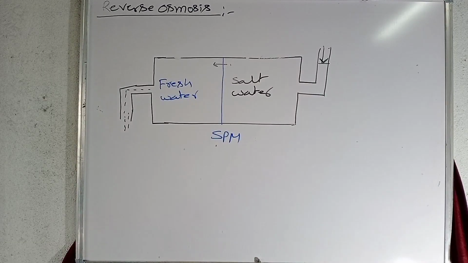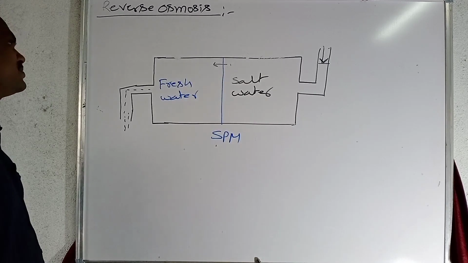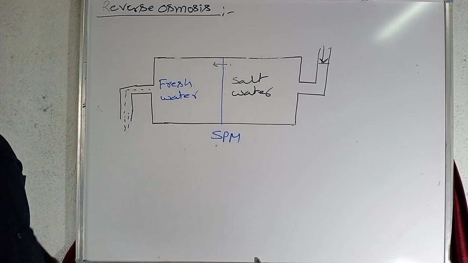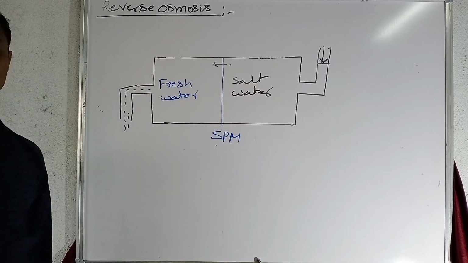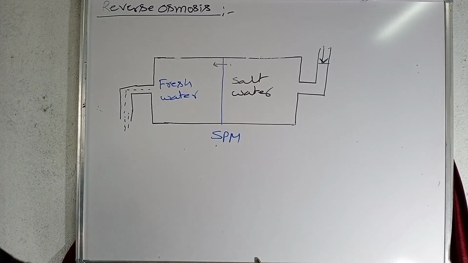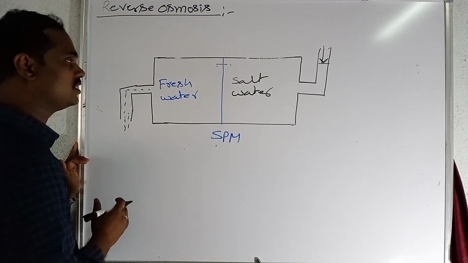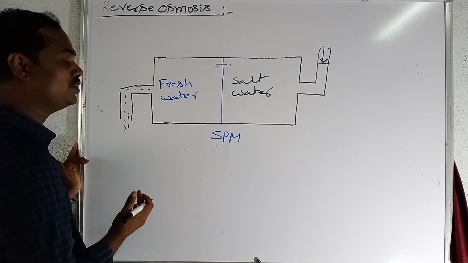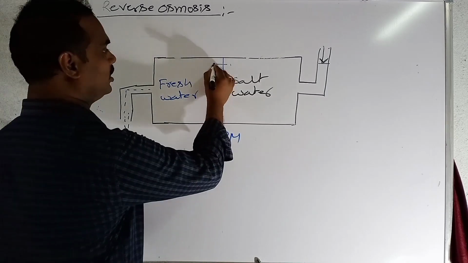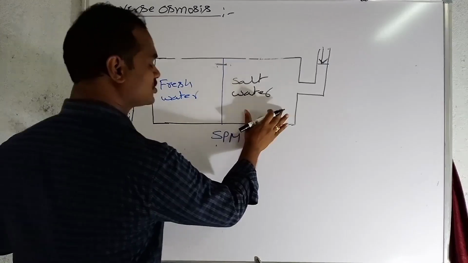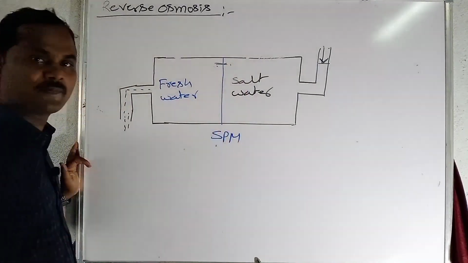Now come to reverse osmosis. What is meant by reverse osmosis? To understand this, first let us look at osmosis. Osmosis means flow of solvent molecule from low concentration region to high concentration region through semi-permeable membrane. Suppose fresh water and salt water are separated by a semi-permeable membrane.